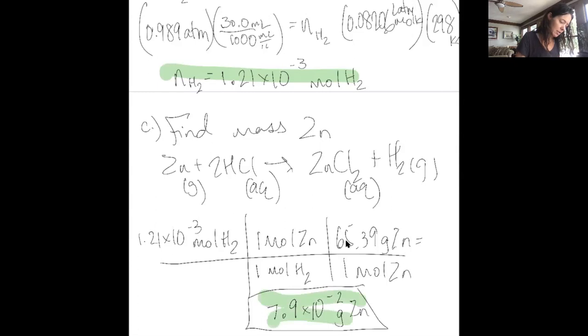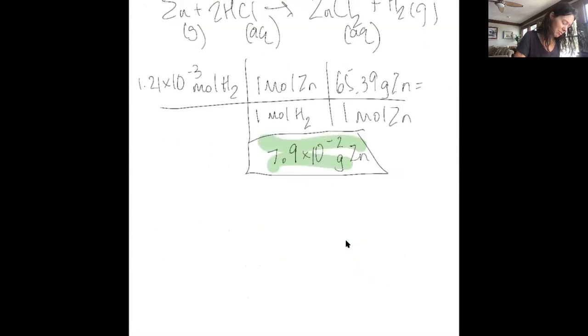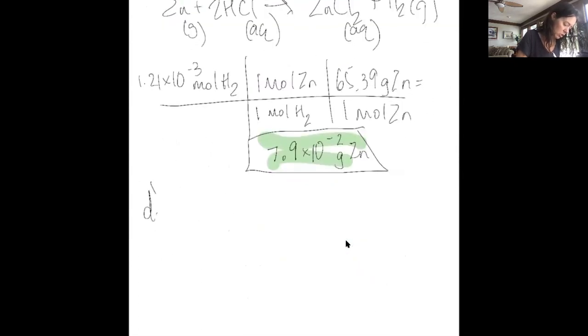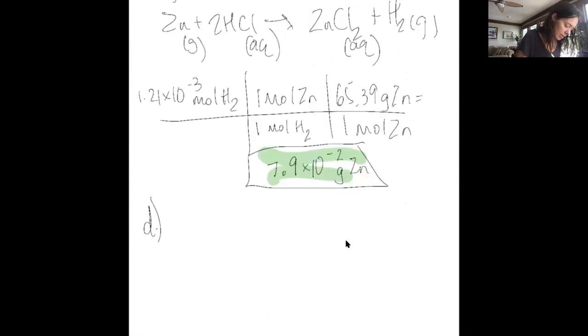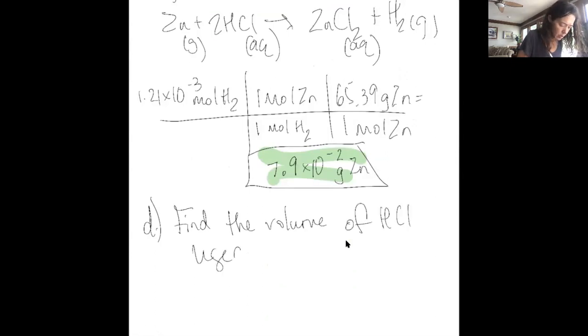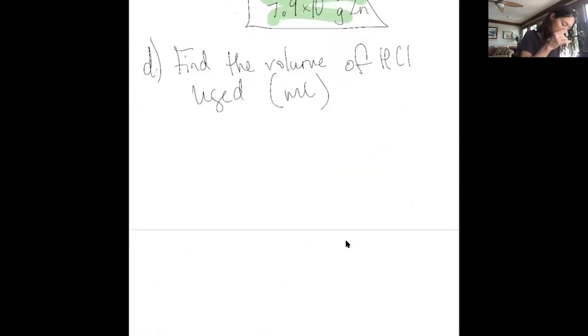And then I like this last question. I might lose you, not really, but we haven't done this yet. It says to find the volume of HCl used, and we're going to need to do that in milliliters because it's probably a small amount. Well, let's think about what we know.